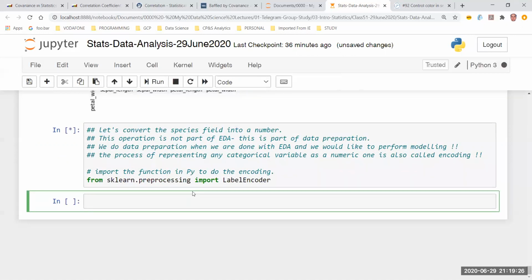Let's try to run this. If I'm wrong, I'll look into Google. But I feel it is there in the preprocessing module only. Yeah, it's there. So my command has executed.